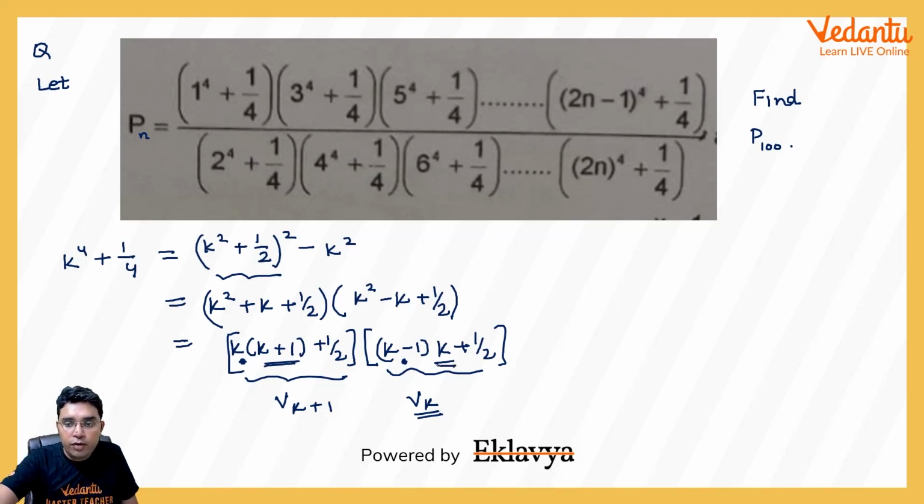Now if we have to find P100, let me write the values of this Pn using this factorization which we have just done. So how will it be done? Let me copy this question there.